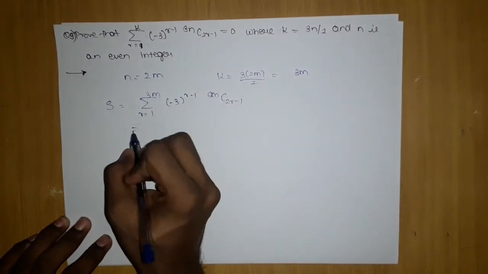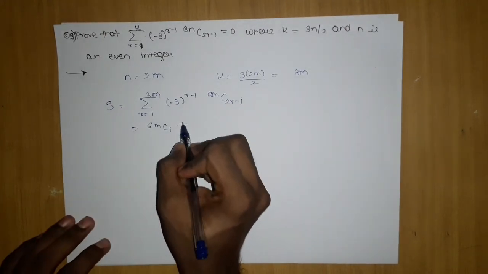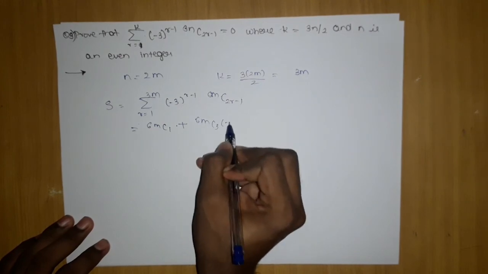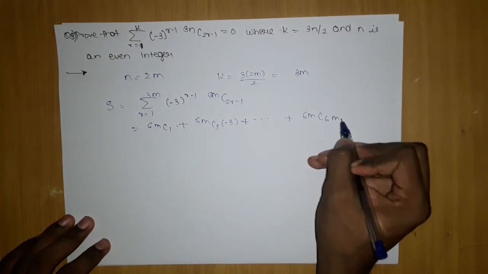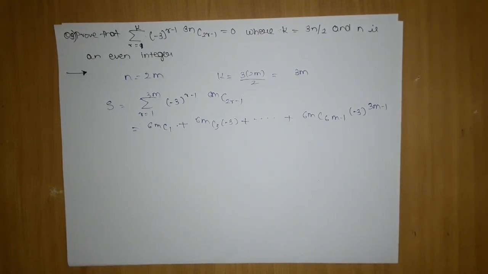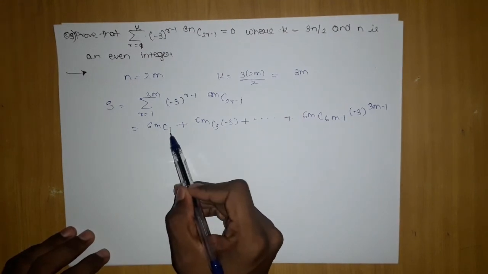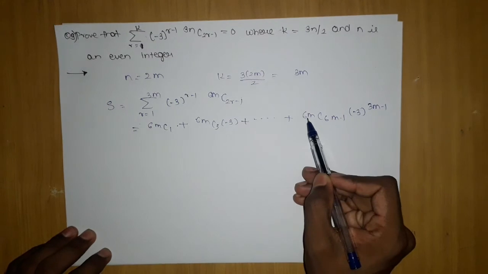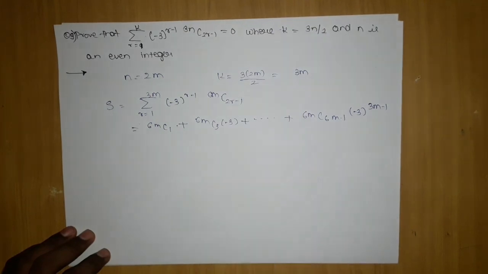If we do the expansion, what we have is 6m C1 minus 6m C3, and this will go on till the last term, minus 1 power 3m minus 1 into 6m C 6m minus 1. Now if you observe, these are odd position terms, and minus signs appear alternately.